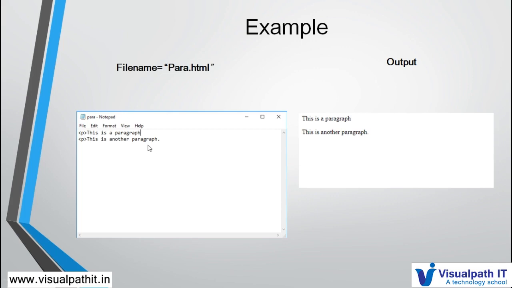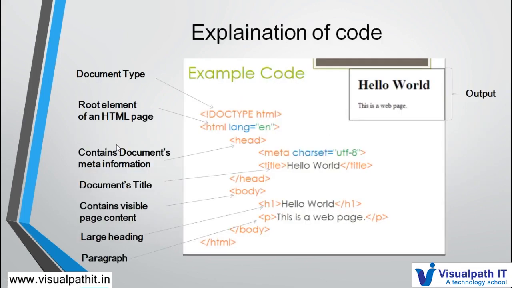The output of this you can see in the browser: this is a paragraph, and this is another paragraph, which is the output of the input you have written in Notepad. Next, we'll see an explanation of the code we write in the actual code in Notepad.